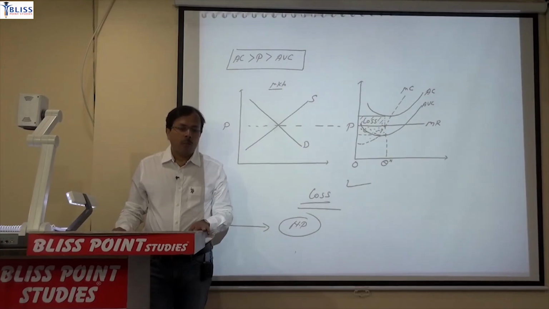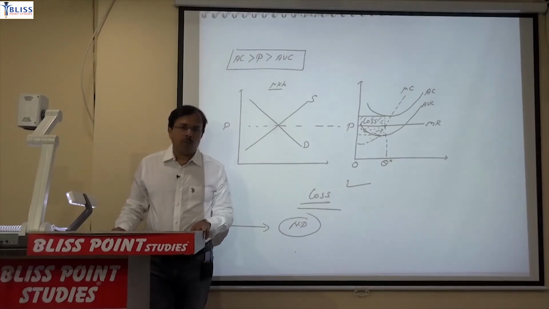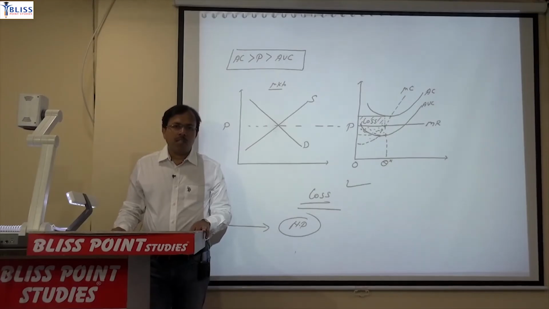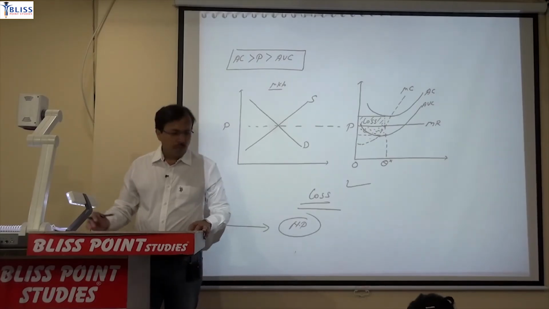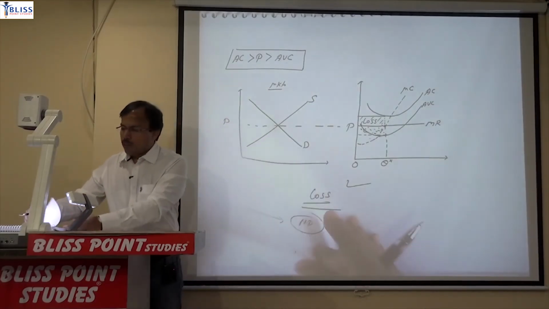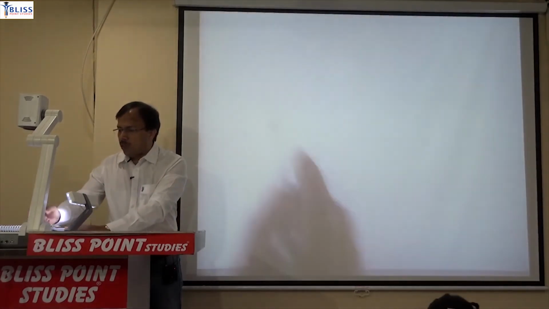at profit maximizing output. Price is just equal to average cost at profit maximizing output. So third diagram you can draw.